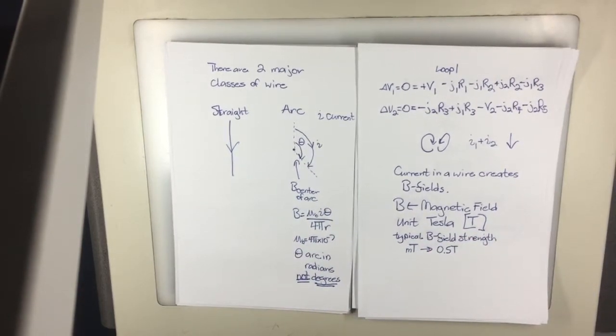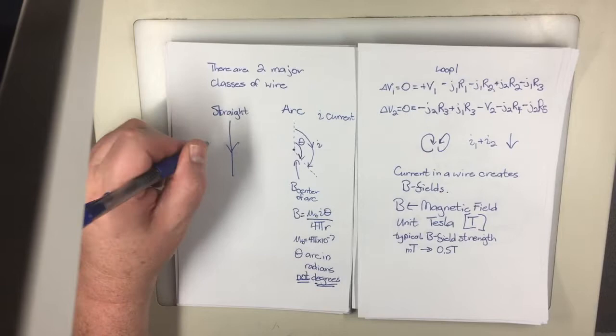So these arcs all have to be based on pi. A full circle, sorry, full circle 2 pi, semicircle pi, quarter circle pi over 2, etc.